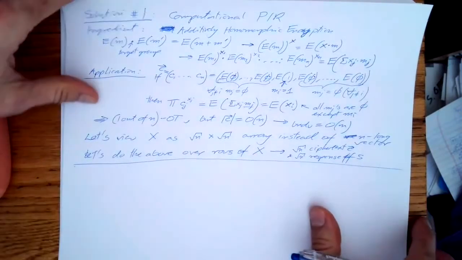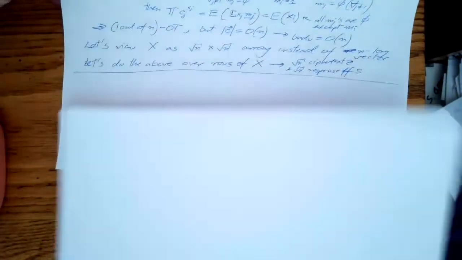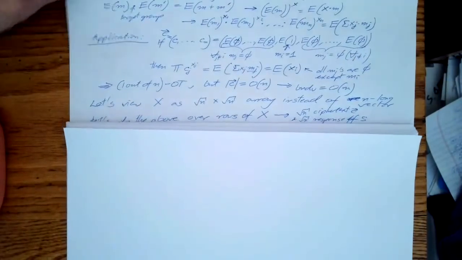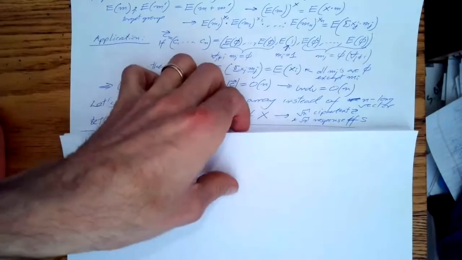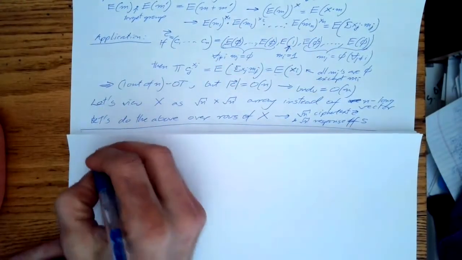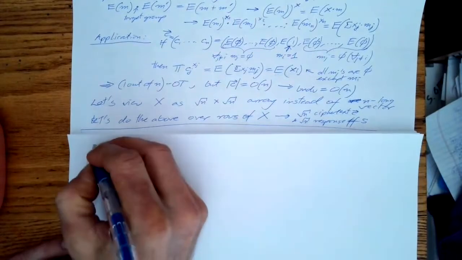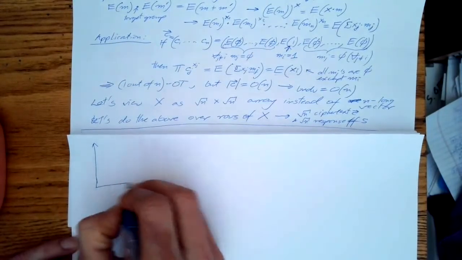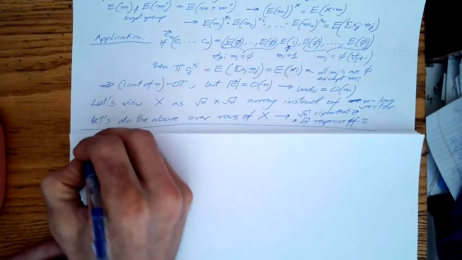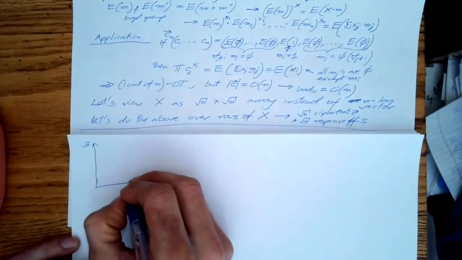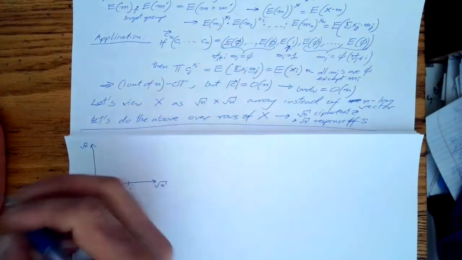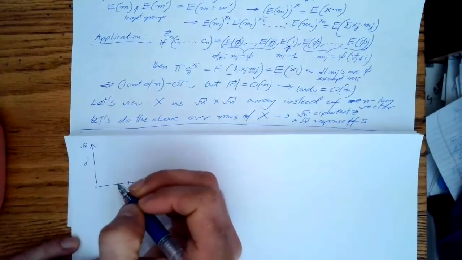Okay, so here is the two-dimensional view with square root of n by square root of n, and here is my indexing.